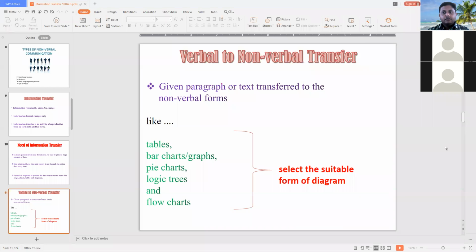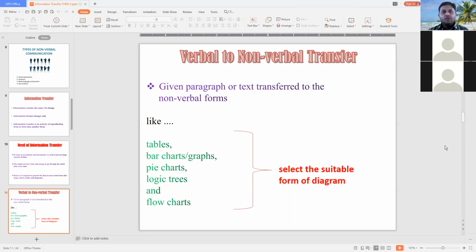What happens in the verbal to non-verbal transfer process? A given paragraph or text is transferred to non-verbal forms. Which are the non-verbal forms? Tables, bar charts, graphs, pie charts, logic trees, and flow charts.